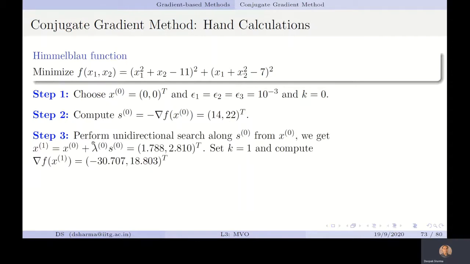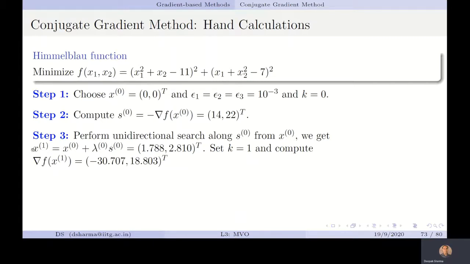Then in step 2, the first direction is the steepest descent direction, and we get the value here. Thereafter, in step 3, we perform a unidirectional search along S0 from x0. Those calculations are not shown because we did them in the steepest descent method and earlier methods. We need single variable optimization methods to find the value of lambda star.